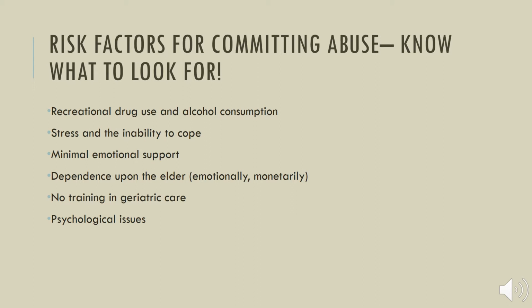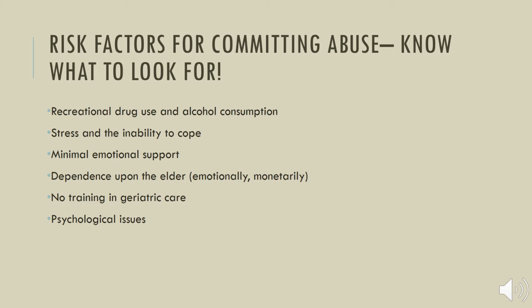Certain people in certain situations can be at higher risks for committing elder abuse. It is important to note that just because a factor or factors relate to a person or group of people does not necessarily mean that they will be an abuser. These factors include recreational drug use and alcohol consumption, especially in excess, stress and the inability to cope.